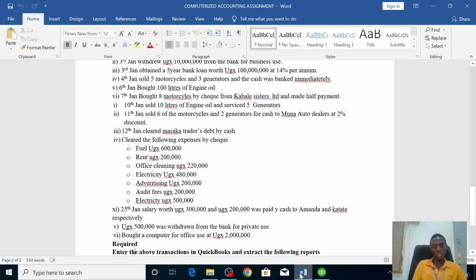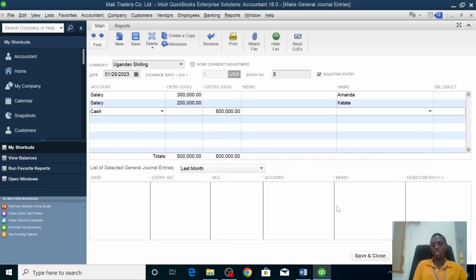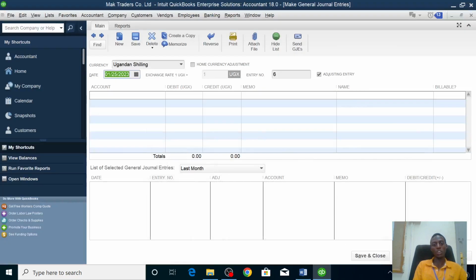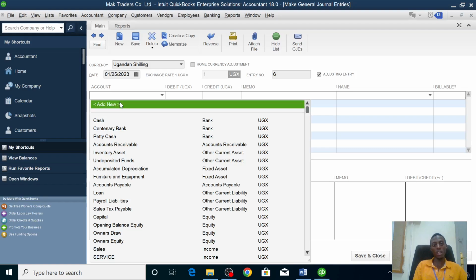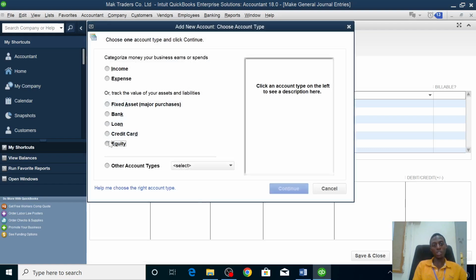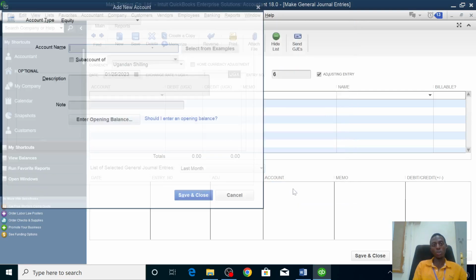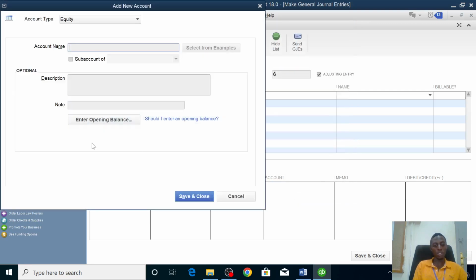My next transaction is 500,000 was withdrawn from bank account for private use. I can save and renew transaction. Then if money is withdrawn for private use, you put that at drawings, add new, and this falls under equity, continue, and I have my drawings account.